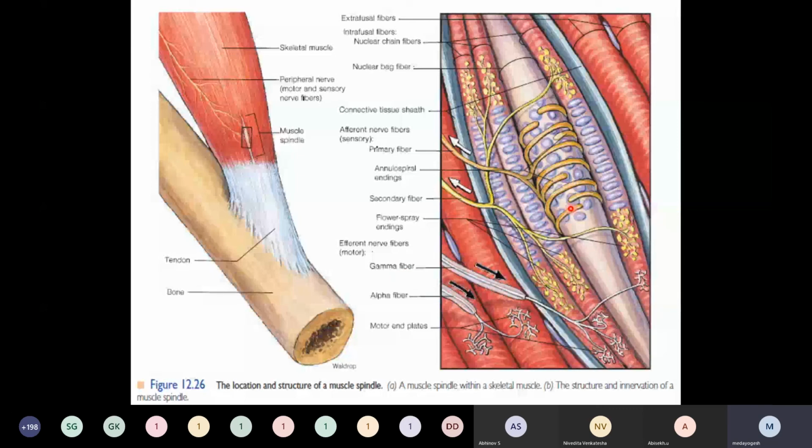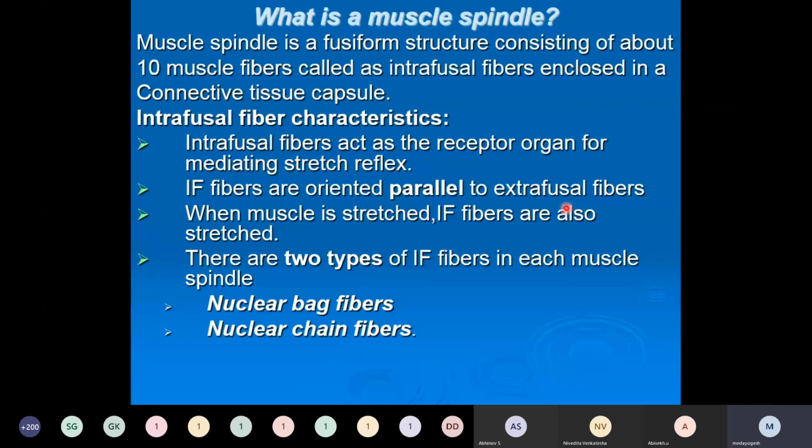So this is the only receptor in the body where you have a sensory supply as well as a motor supply. The application of this we will be learning in the upcoming classes. This is a very important concept. Right now I have just given you the introduction to the muscle spindle.